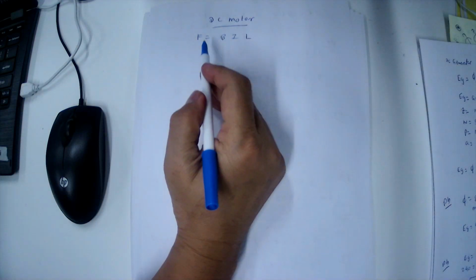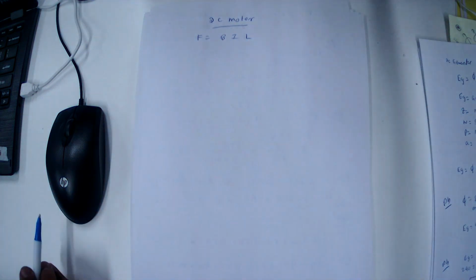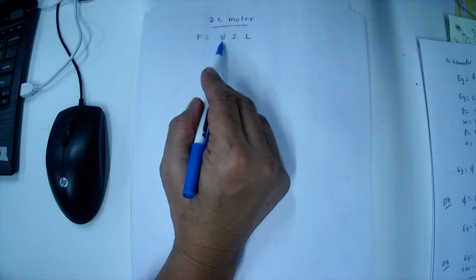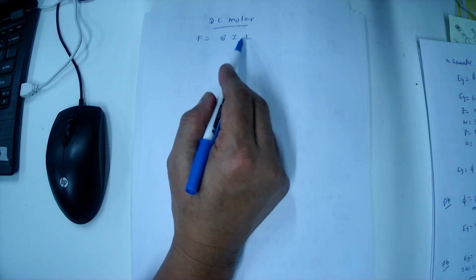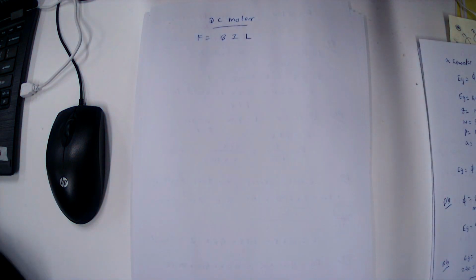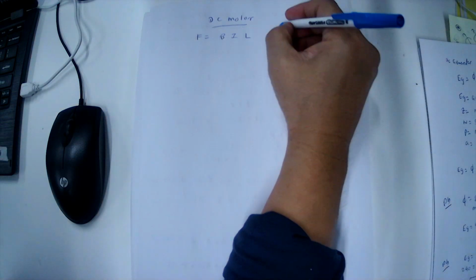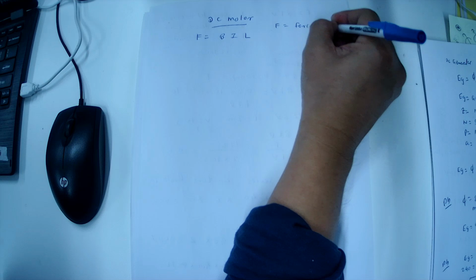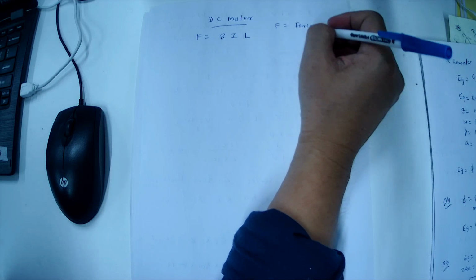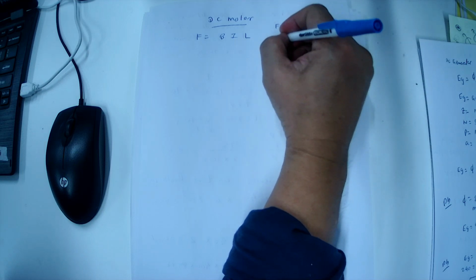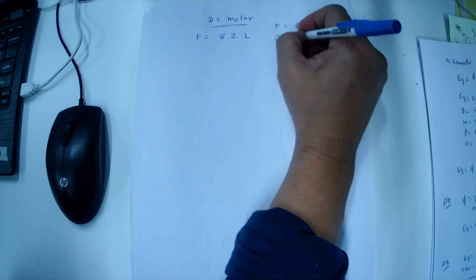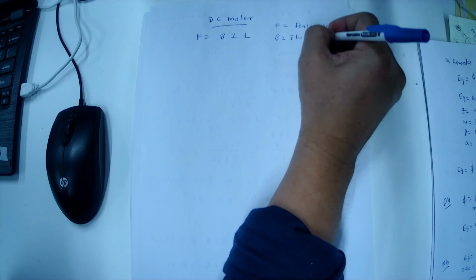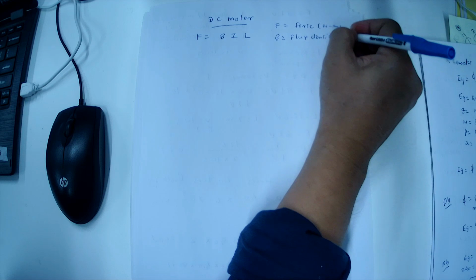This electromagnetic force can be calculated by the equation F equals BIL. B is the flux density, I is the current, and L is the length of the conductor. This is the way we can calculate the force on the motor. F is the force, unit Newton. B is the flux density, unit Tesla.